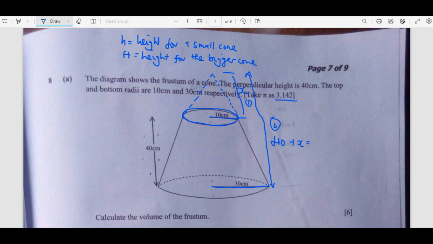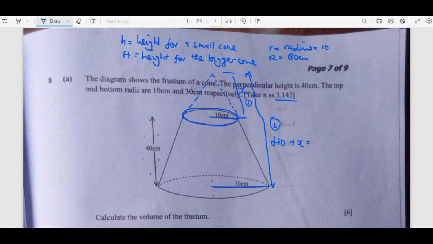And then we're going to use the radius: the radius of the small cone is 10 there, and the radius of the bigger cone is 30.